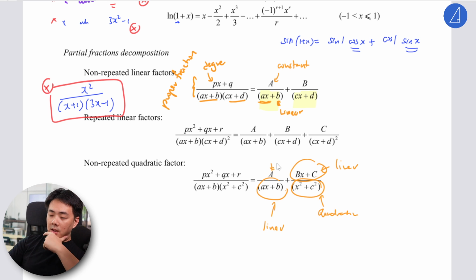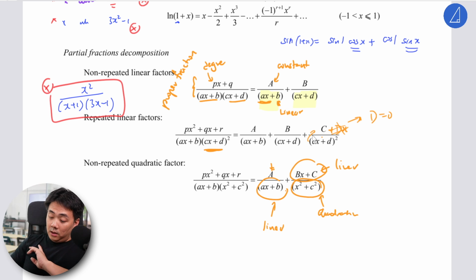Then the next question is, Mr. Gang, how come this one is a quadratic, then this one is constant? Okay, this one, what happens is you can let it be c plus dx, but because it's a repeated root, the d will solve to be 0. That's why you don't see the dx there.